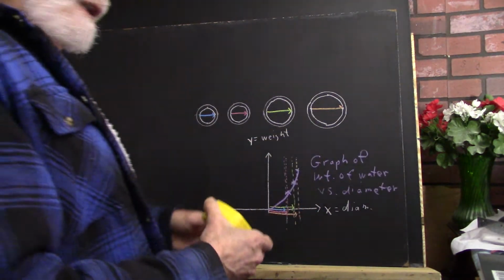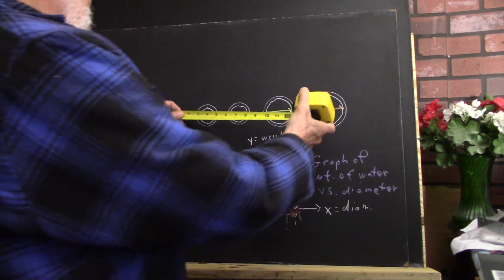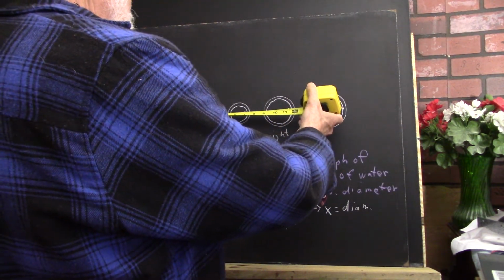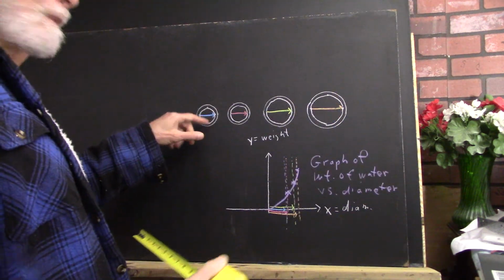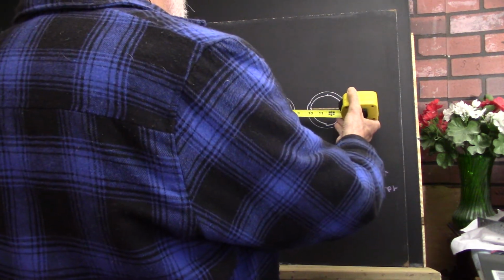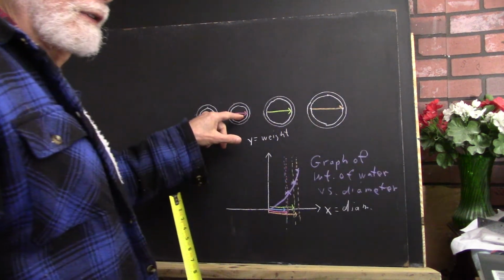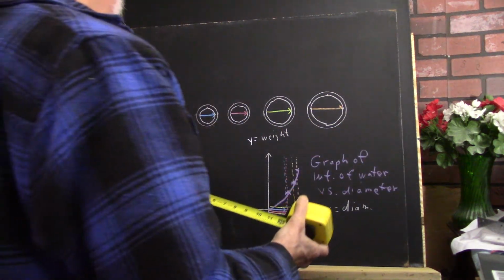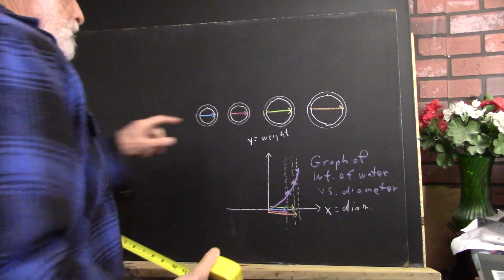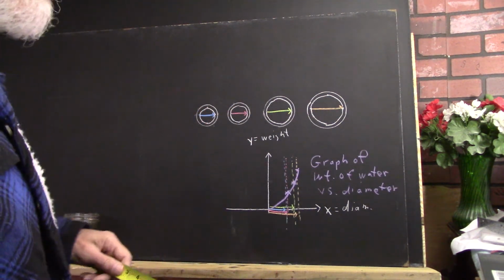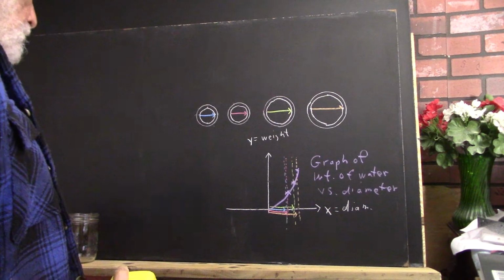Now if I wanted to get these diameters, I could take this ruler and say, yep, that's 1.5 inches. That's about 1.6 inches. Now I'll comment that these diameters should be closer now, not 1.5 and 1.6.